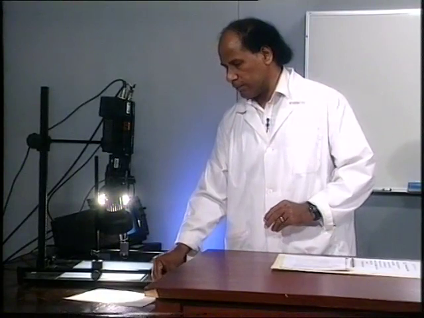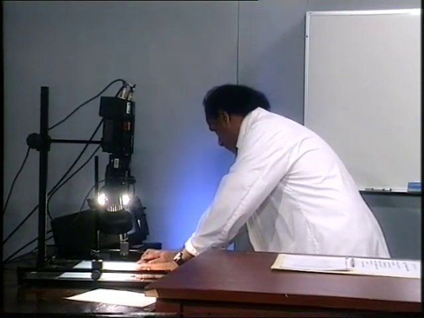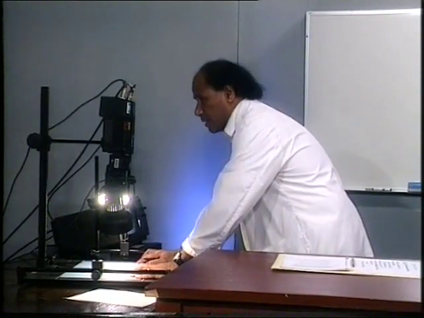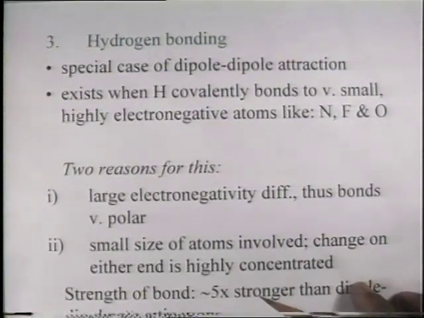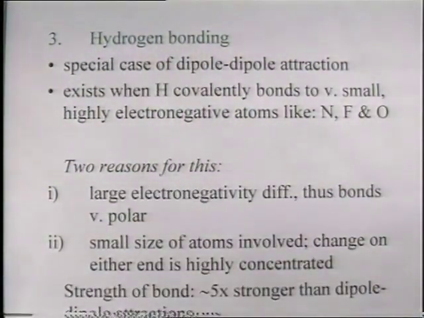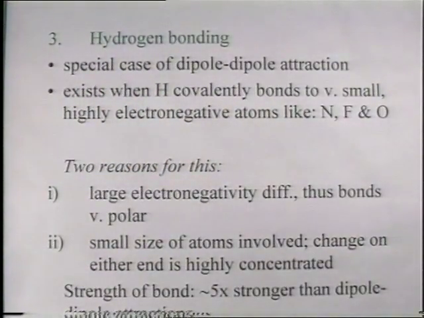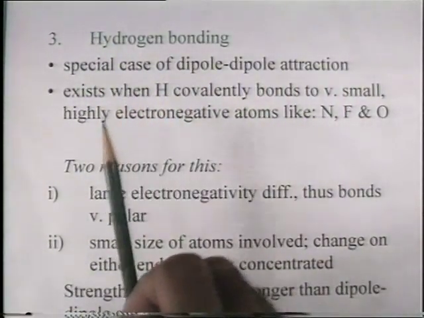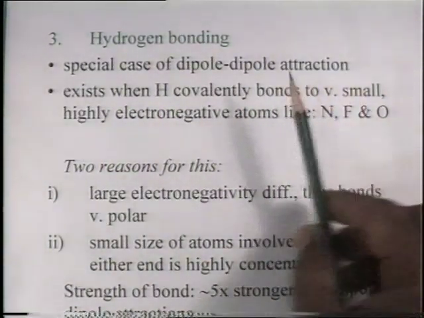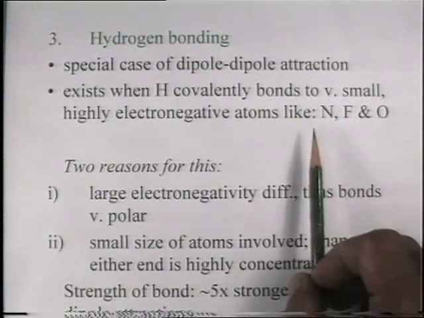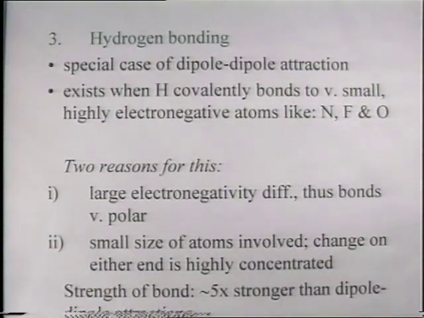Now the third kind of intermolecular attraction that we will look at is more related to what we are talking about today, and that is what we're going to look at in the experiment. And this is what is termed hydrogen bonding. Now, this is really a special case of dipole-dipole attraction, and it exists when you have hydrogen covalently bonded to one of the electronegative elements, or atoms, like nitrogen, fluorine, and oxygen.